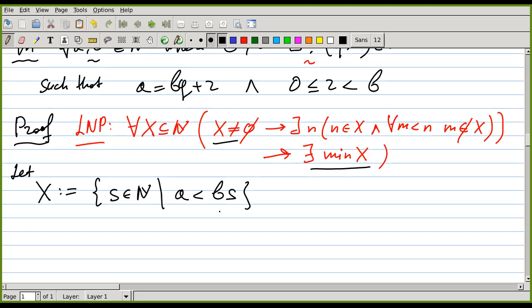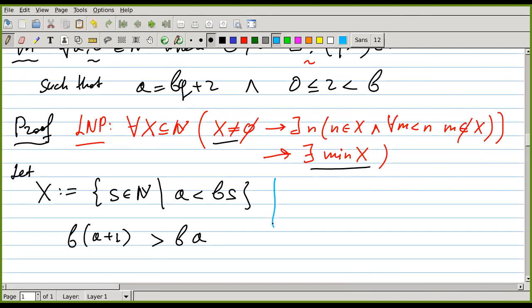Yes. Why? I say that b multiplied by a plus 1 is greater than b multiplied by a. Do you agree? Why is it so?